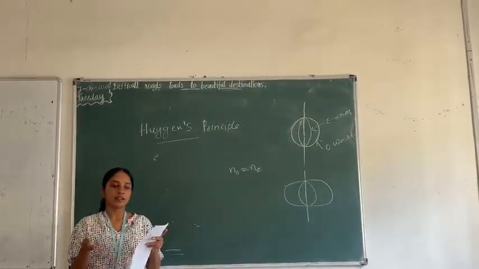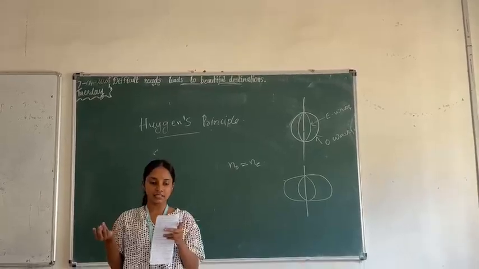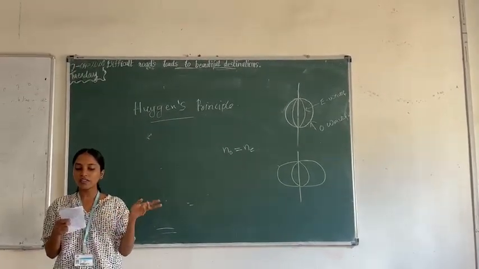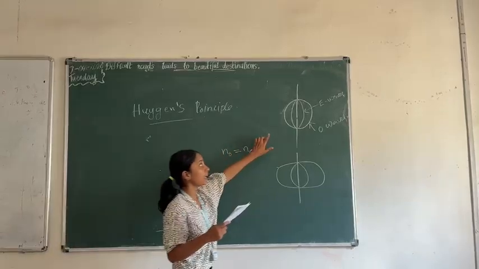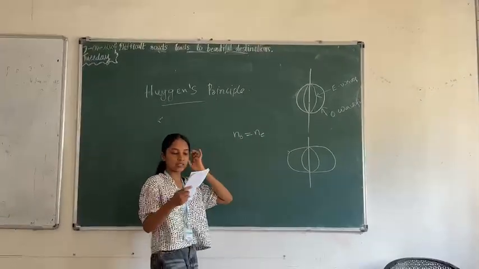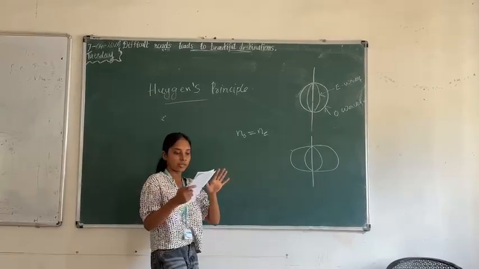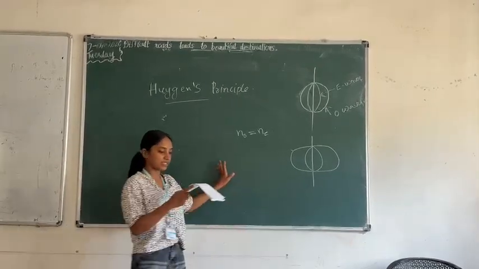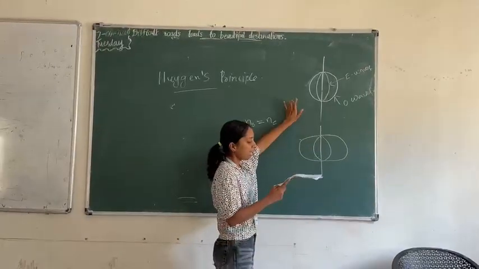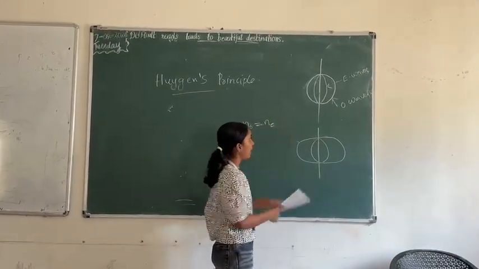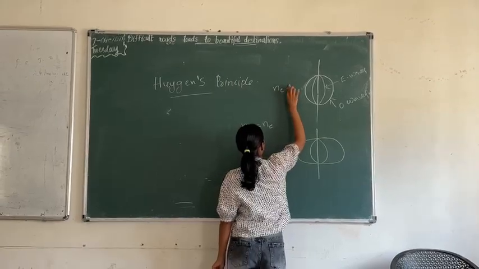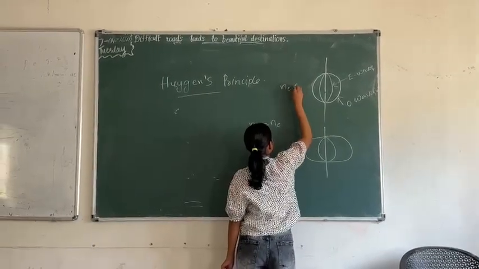According to Huygens, when light enters a crystal, each point on the wavefront produces two wavelets. One wavelet is spherical and the other is ellipsoidal. So two wavefronts are formed, ordinary and extraordinary. This figure shows a crystal. This is the positive crystal and this is the negative crystal. In a positive crystal, ne is greater than n0.